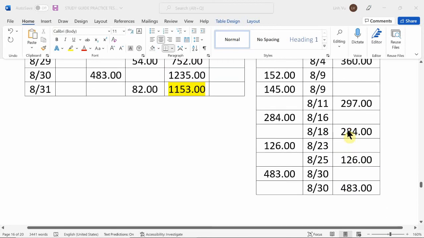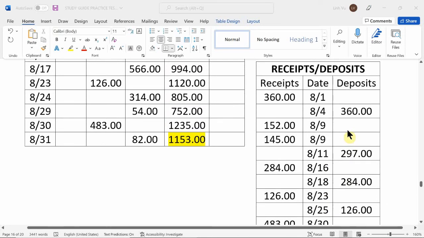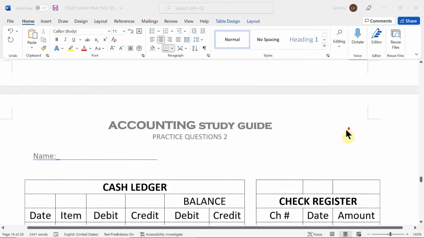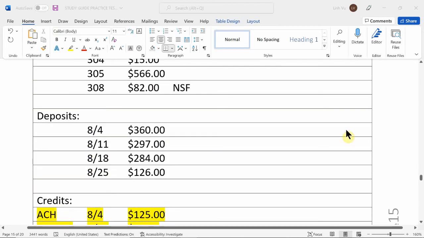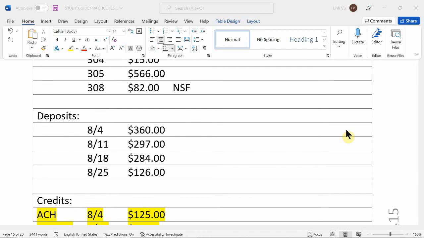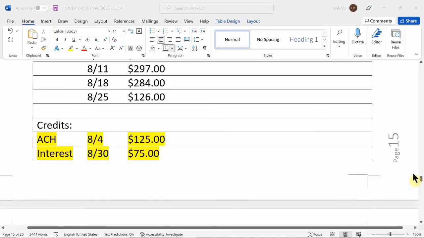You recorded 5 deposits on your end, right? So let's double confirm how many deposits cleared in my bank account. 4. So in this case, which one am I missing? I got 360, 297, 284, and 126.